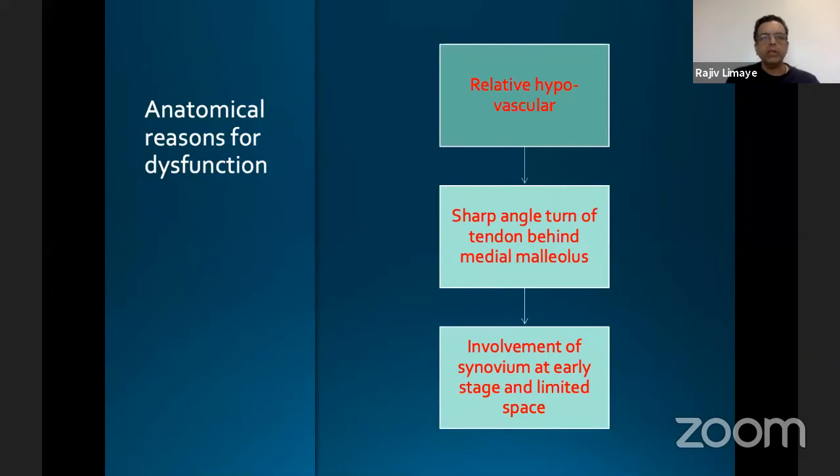The anatomical reasons for its dysfunction are hypovascularity, a sharp angular turn, and the involvement of synovium at an early stage. Any of these causes can lead to repetitive stretching of the tendon, and stretching by almost a centimeter can lead to dysfunction of the tendon with thickening, micro tears, and tendinopathy.